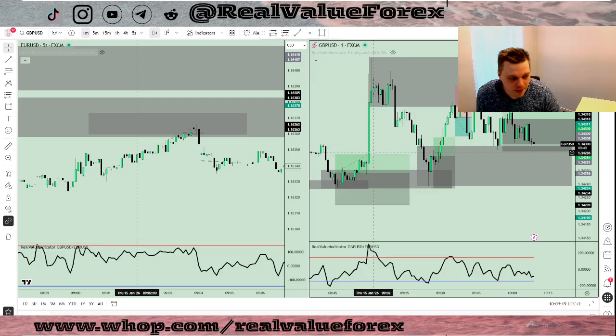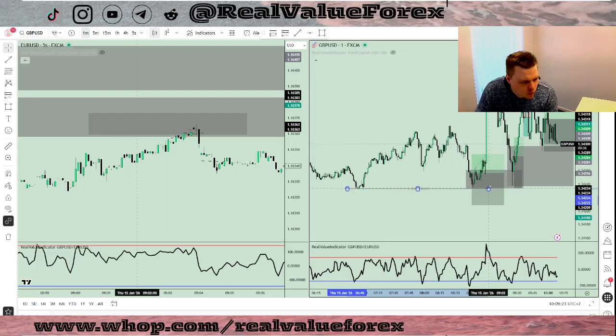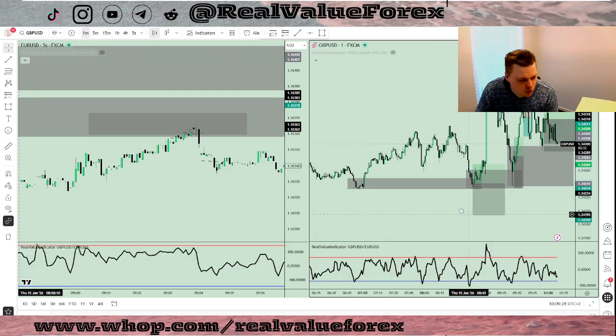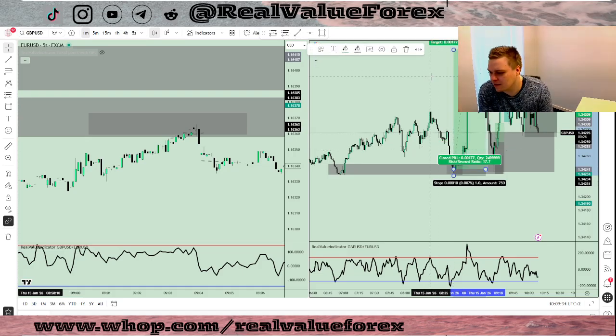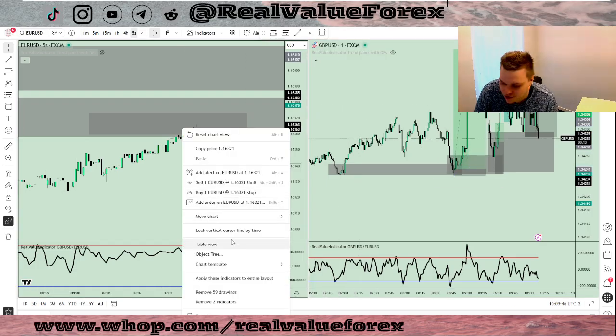But now it's really common that you want to have entry like this, stop loss like this, and then take profit like this. I can tell you, you can't be further away from how institutional traders trade.